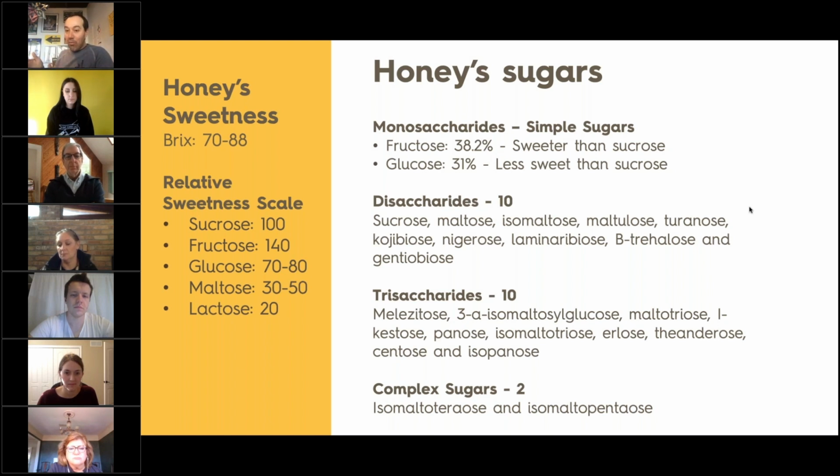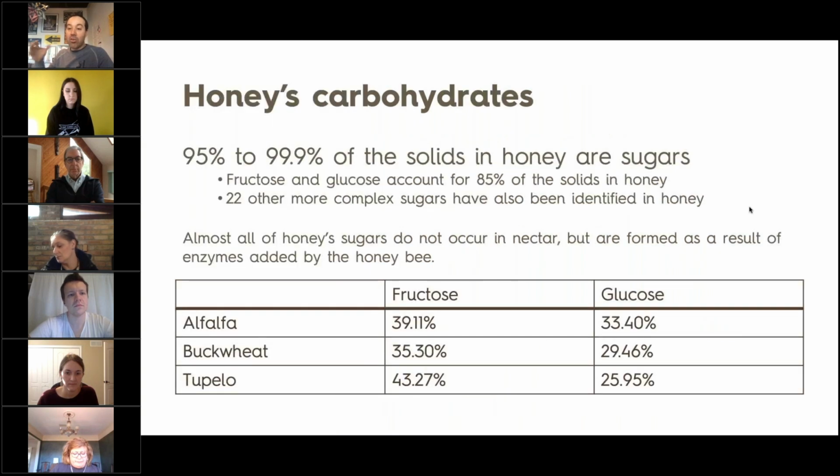Why we have that range is because honey is, if you think about it, a livestock ingredient. It's an agricultural product. It's made from bees. So depending on where the bees forage for food, you're going to have different ratios of those main components. This is really evident whenever you look at three different varietals of honey, all three of which we tasted today.